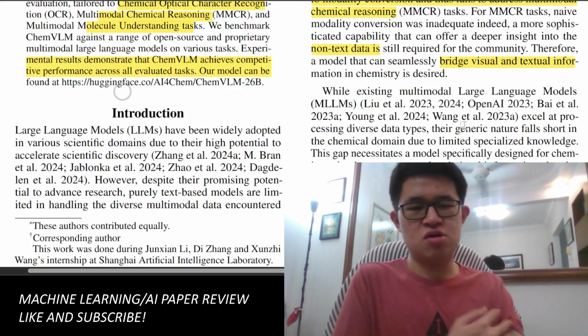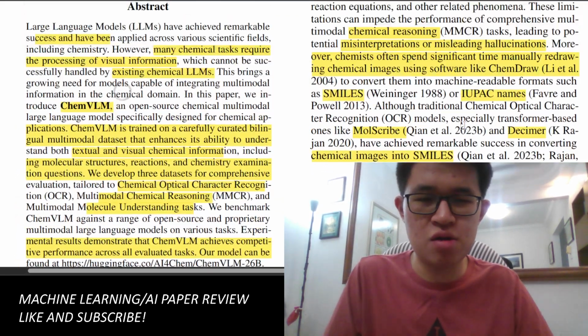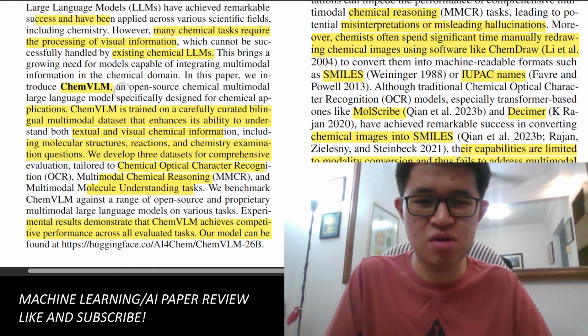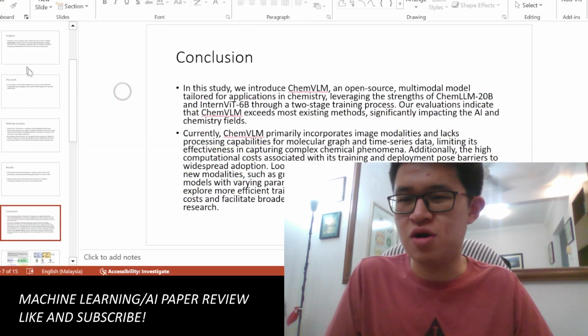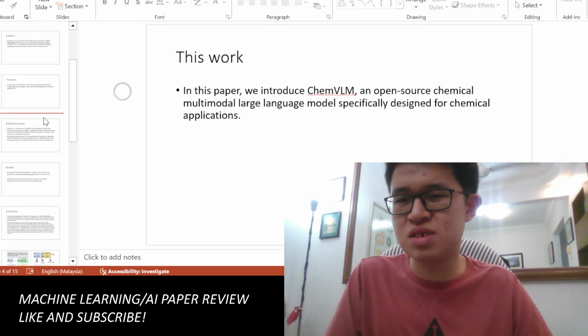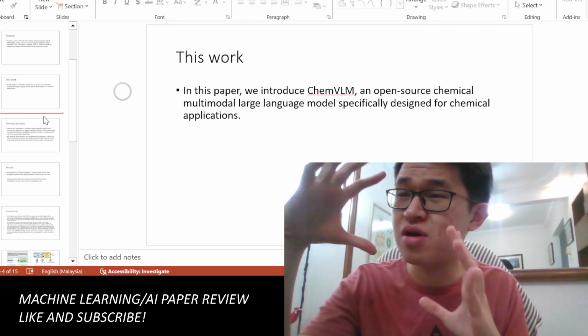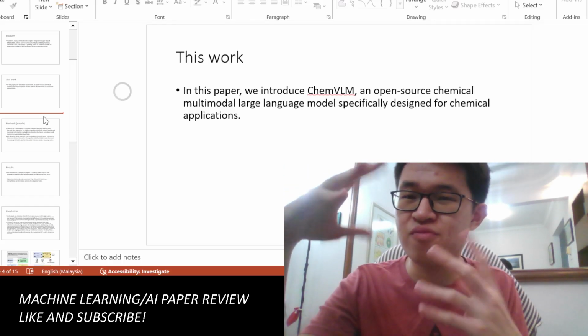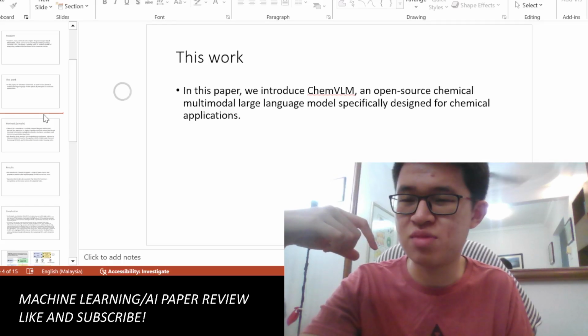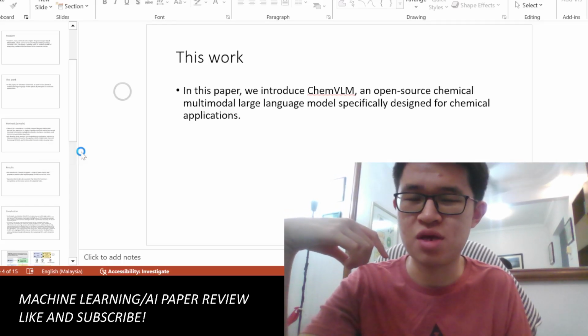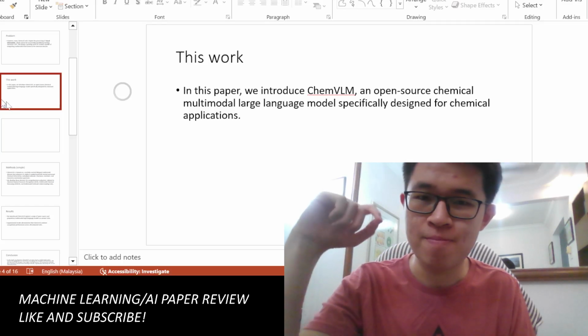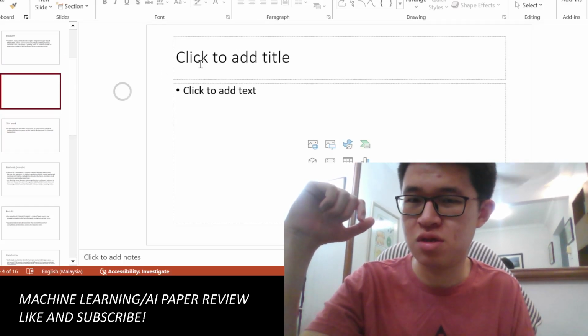Right here, they've described a lot of things, but basically they're describing some current state-of-the-art approaches for chemistry, but it doesn't seem to work that well. So let's put it here.